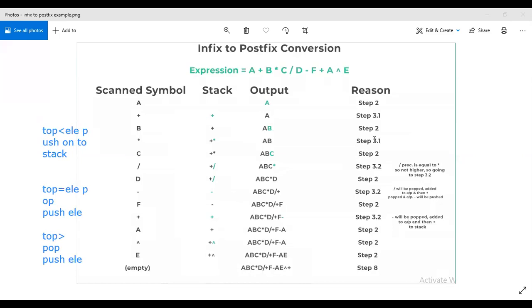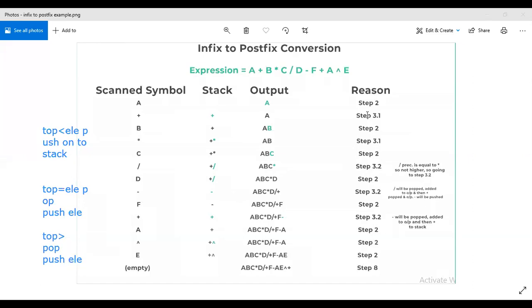So you can see the reason, some comments also on the right side. These are the steps in the algorithm which we have studied. Step 2, step 3.1, step 2, step 3.1, step 2, step 3.2, step 2, step 3.2, step 2, step 3.2. See, these are the steps.